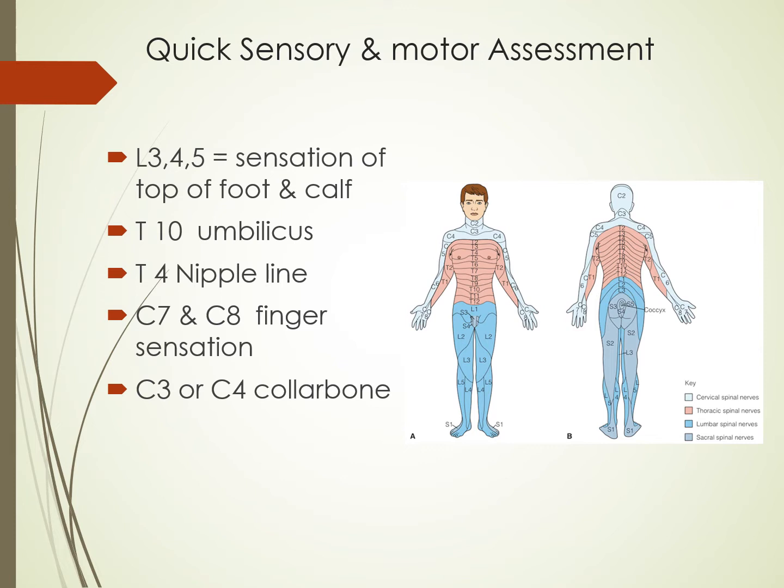So for a quick reference, it's helpful to know T10, T4, and C7, C8. When we divide between paraplegia and quadriplegia, usually quadriplegia we consider the cervical all the way through T1, and then paraplegia through thoracic, or T2 and below.